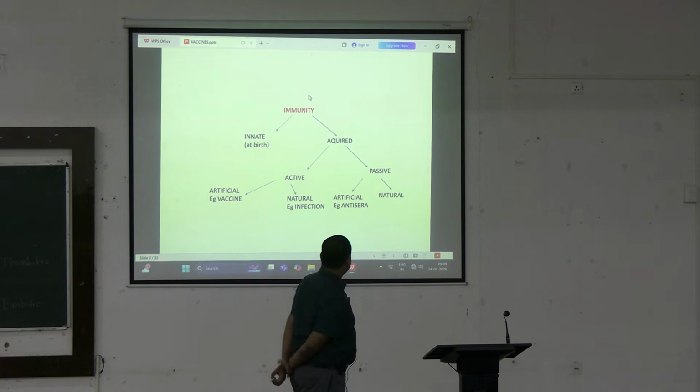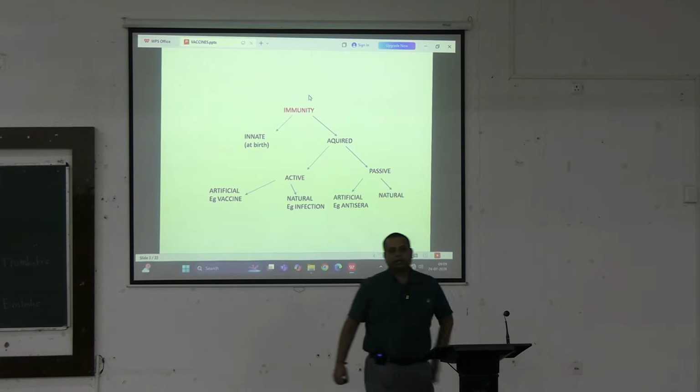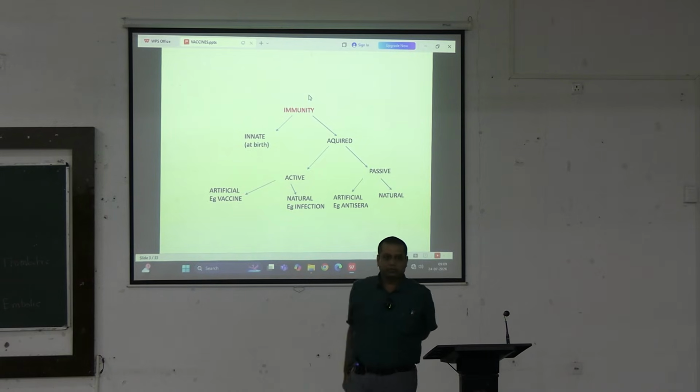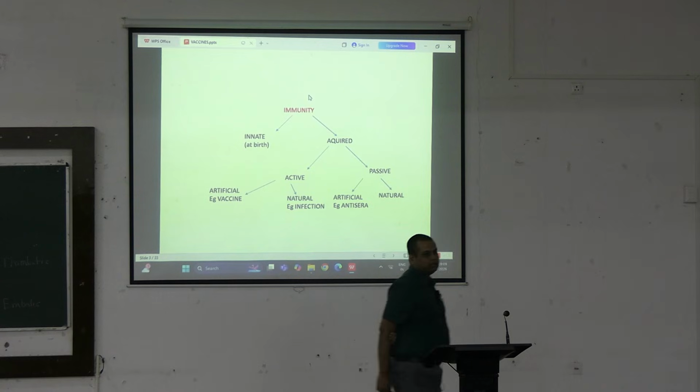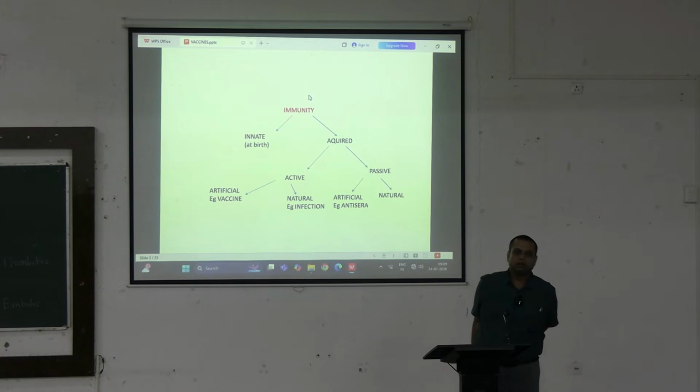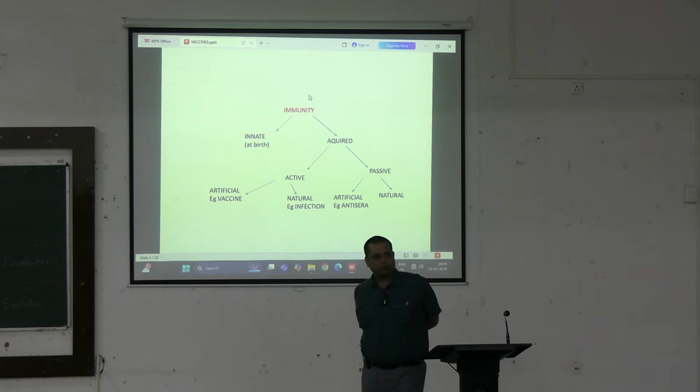So in acquired immunity, active immunity is natural due to a clinical or subclinical infection. What do you mean by subclinical infection? Subclinical infection is when there are no clinical signs and symptoms, but the infection is there in the body, and that leads to triggering of the immune system.